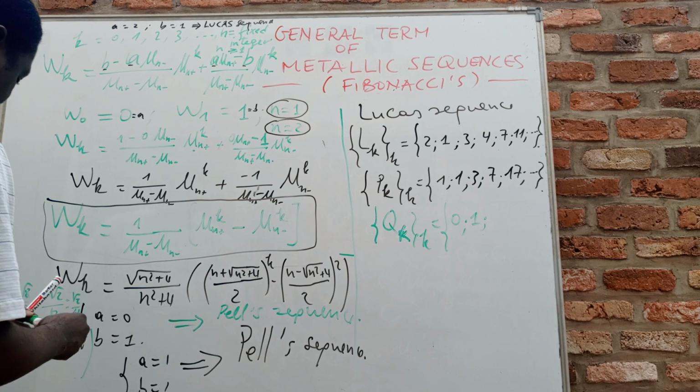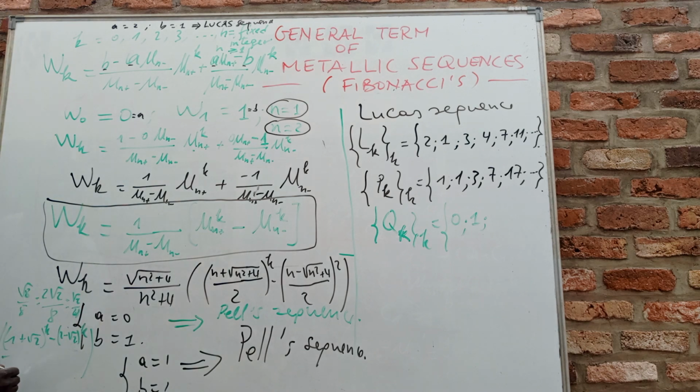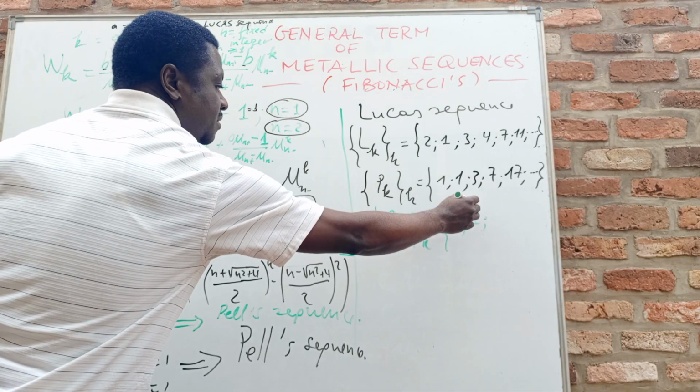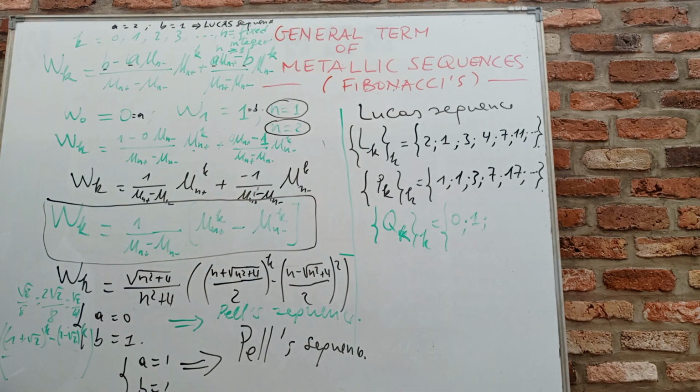I use this color with k now equal to 2, 3. So this is the W0, W1, W2, k equal to 2. So we're going to have W_k at 2 is going to be square root 2 over 4 times 1 plus square root 2 power 2, now minus 1 minus the square root of 2 power 2.